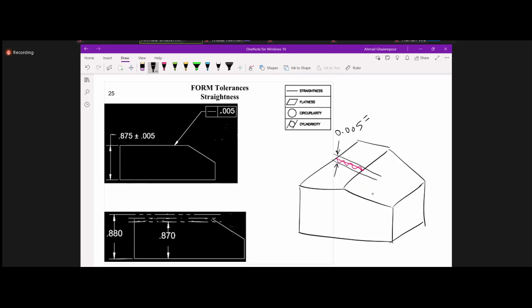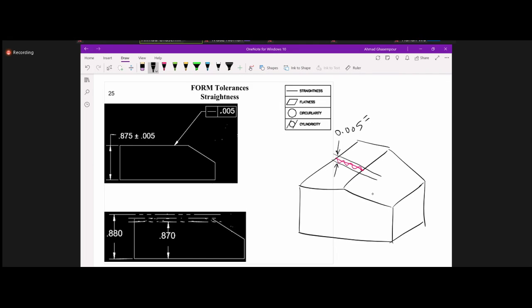Okay, so if I trace a line on the surface, imagine you have a probe crossing the surface, right? So like a needle of some sort. As the needle crosses this surface in that direction, it cannot go up and down more than 0.005. That's the meaning of a straightness in this case.